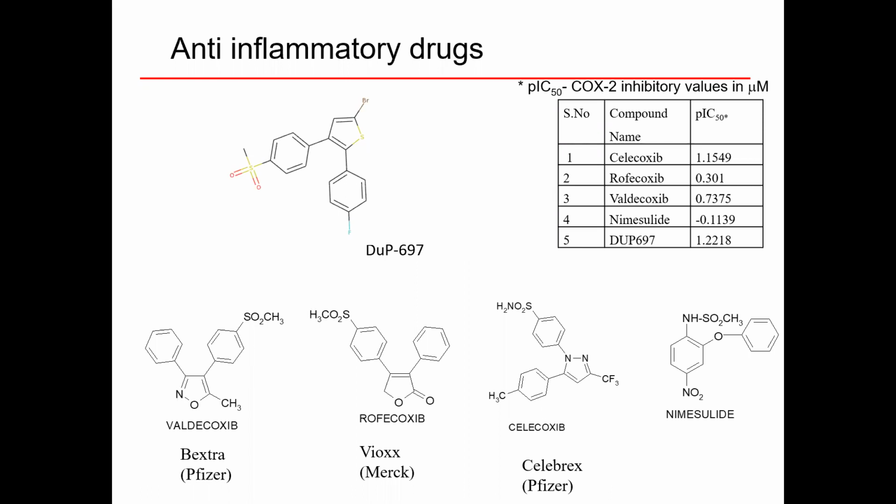So imagine I collected some data, anti-inflammatory drugs actually. I got 5 compounds: cilicoxib, rofecoxib, valdecoxib, nimesulide, DUP 697, and the IC50 is given.